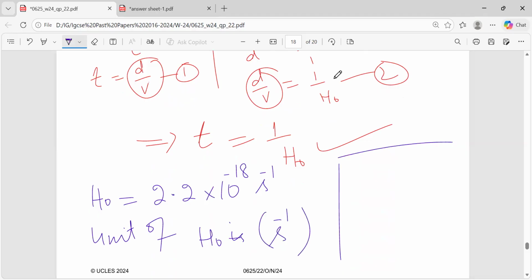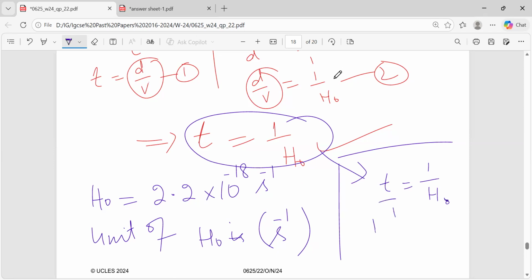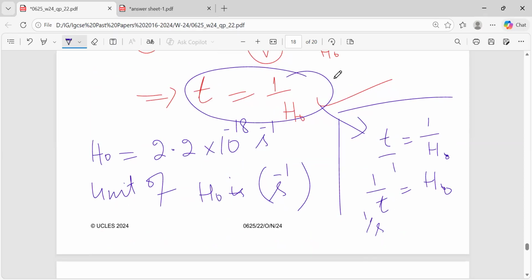And why is it per second? Even from this equation, come here. T is equal to 1 over H naught. See, if I flip both sides, it will become 1 over T equal to H naught. So 1 over T means 1 over second. So it is per second for H naught.